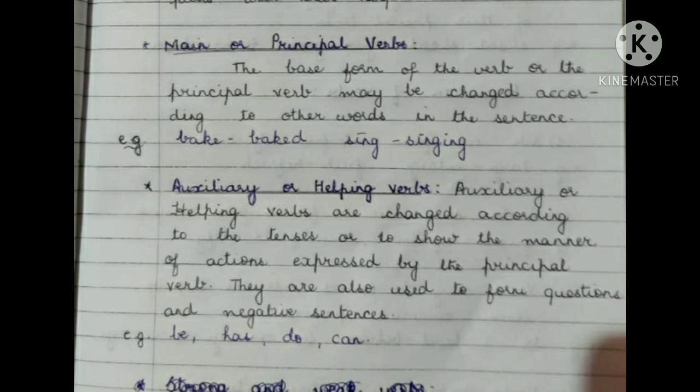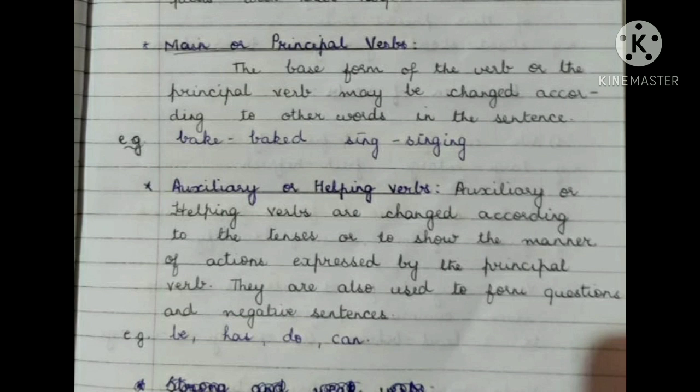Now the next one is the auxiliary or helping verbs. The word helping verbs clearly shows that it is written along with the main verb, and it is changed according to the tenses or to show the manner of action expressed by the principal verb.